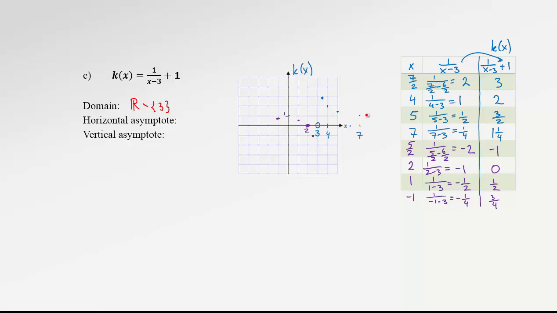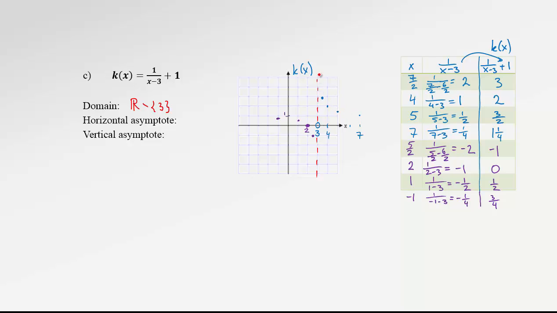So we have quite a few points already, but in order to help ourselves even more, it's a good idea to graph the asymptotes. And as we mentioned before, the point that is thrown out of the domain will create a vertical asymptote, right? If we graph this asymptote before we start connecting our dots, it will help us to shape the graph correctly.